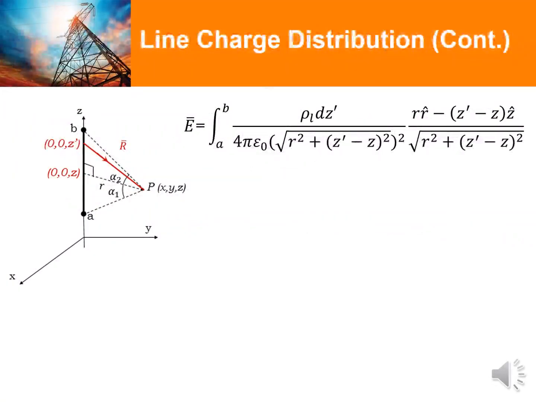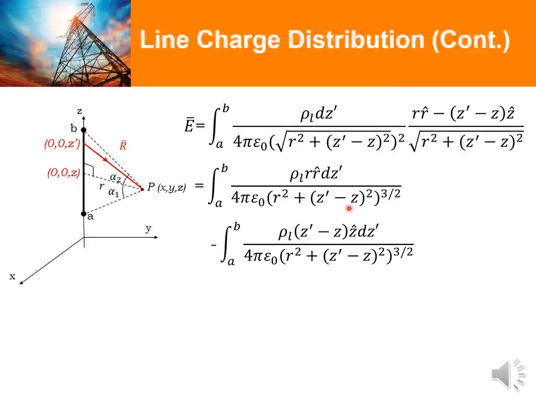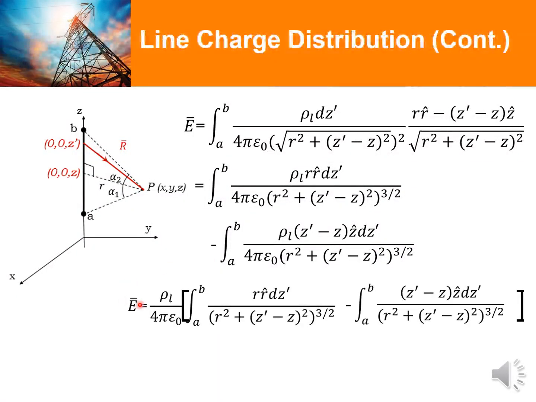In order to solve the problem, we need to multiply the mathematical terms here with the mathematical terms here, in which we would now get the integration with respect to dz prime. As we simplify the integration by factoring out ρL divided by 4 pi epsilon naught, we would get this relation for the E field.